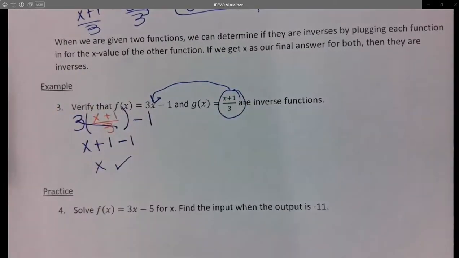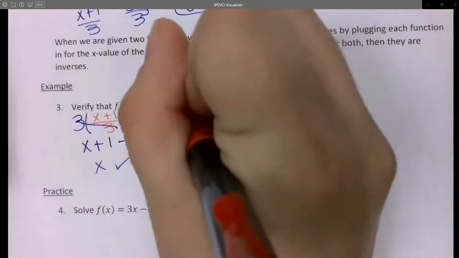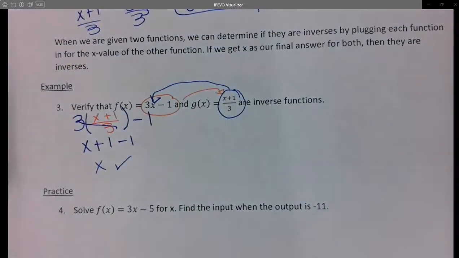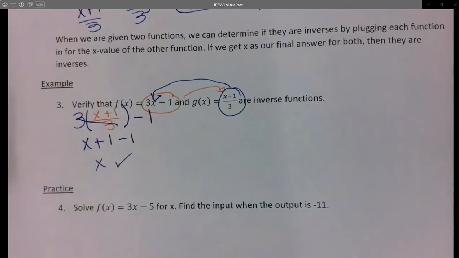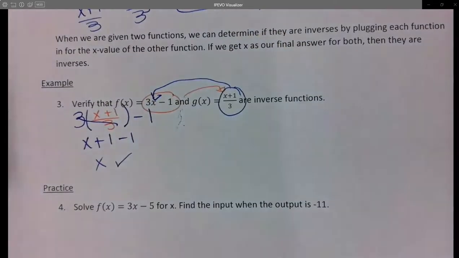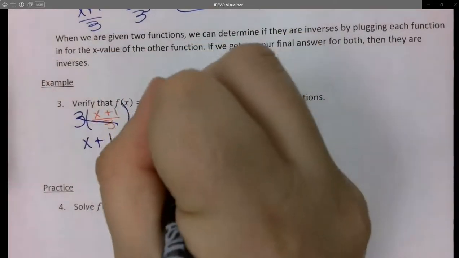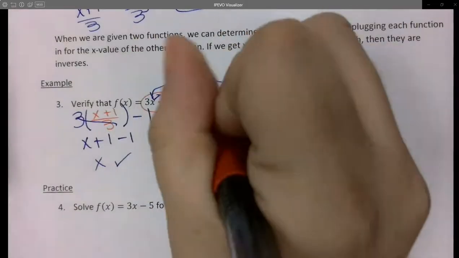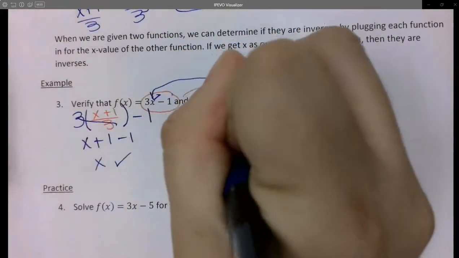Then I want to plug this in over here. So I'm going to take this and plug this in for the x up here. So first thing I'm plugging in is 3x minus 1.